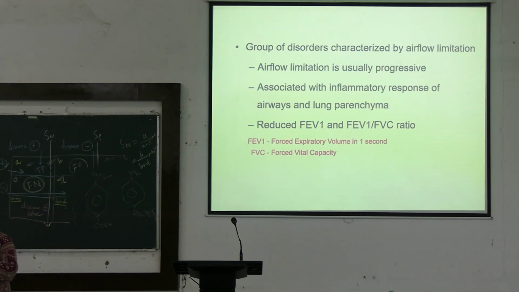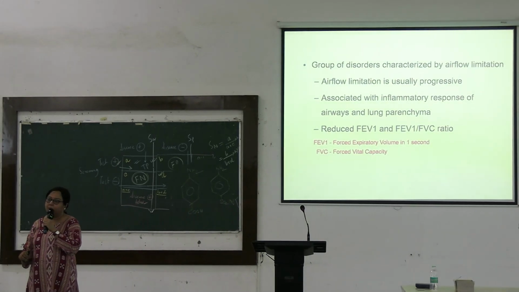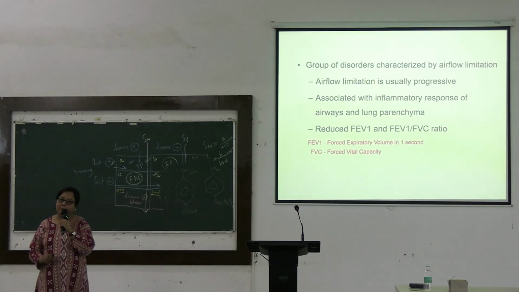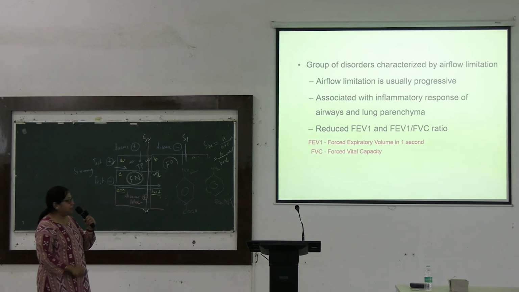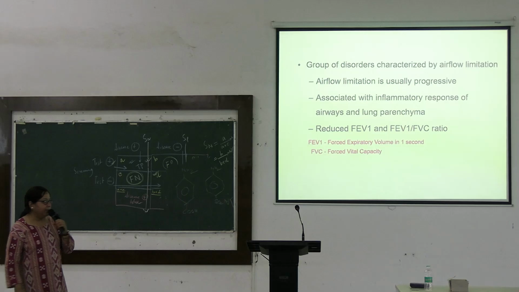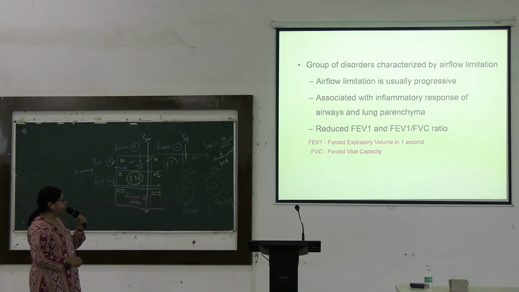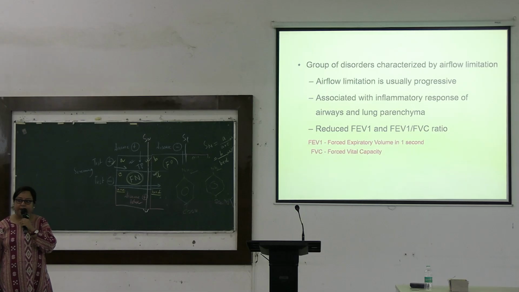So what are the features of obstructive airway disease? You can note down. Airflow limitation is progressive, meaning slowly the airflow obstruction progresses from mild to moderate to severe. Then it is associated with inflammatory changes in the lung parenchyma, and FEV1 and the FEV1 by FVC ratio are reduced.